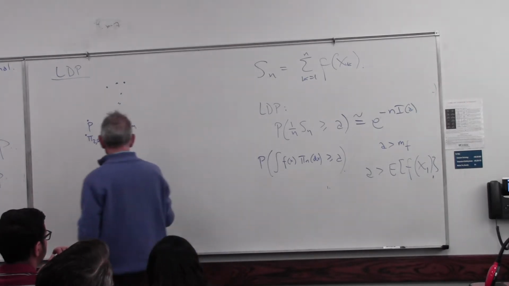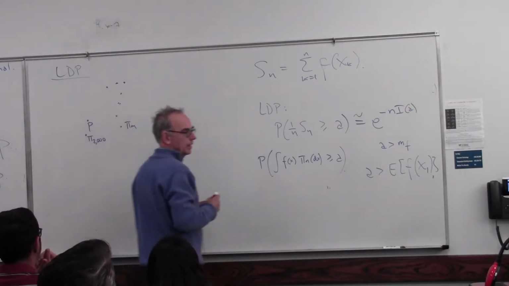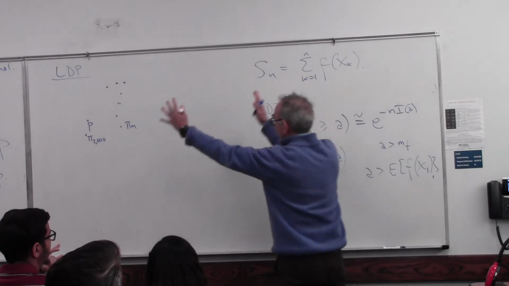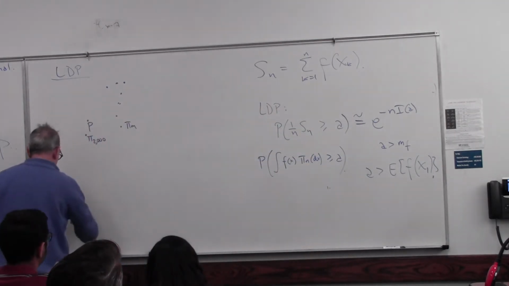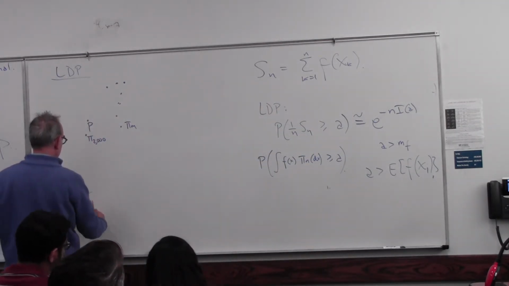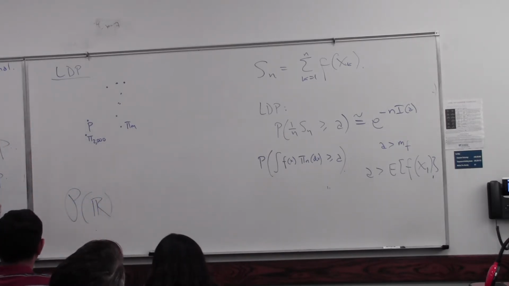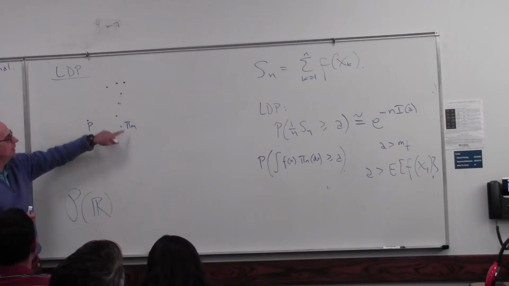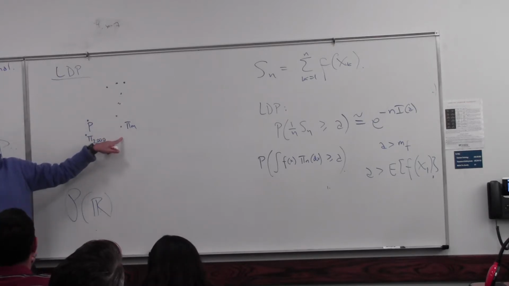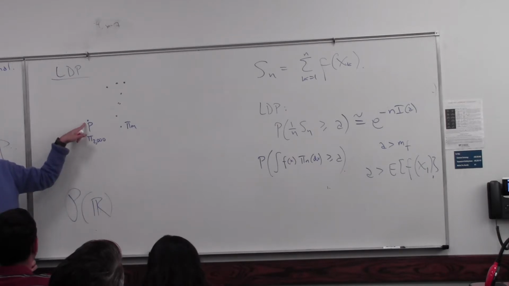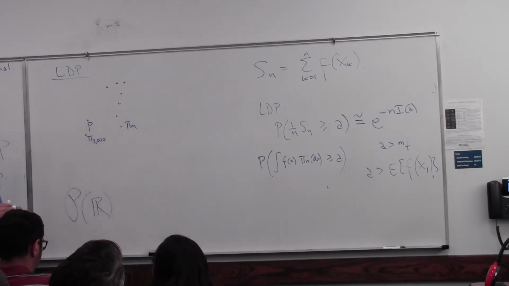Sometimes people write this whiteboard region as the set of all probability measures on R, say. And what's special about these pi_m's is that they're discrete random variables, associated with probability mass functions. P could be anything. It could have a density or be discrete or anything you like.